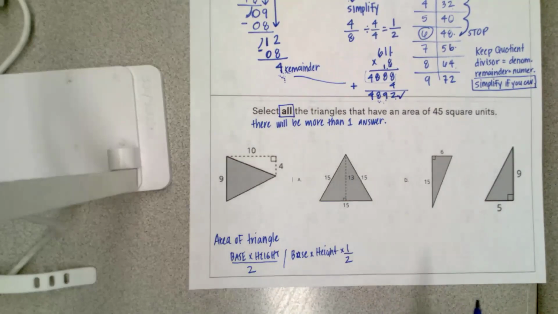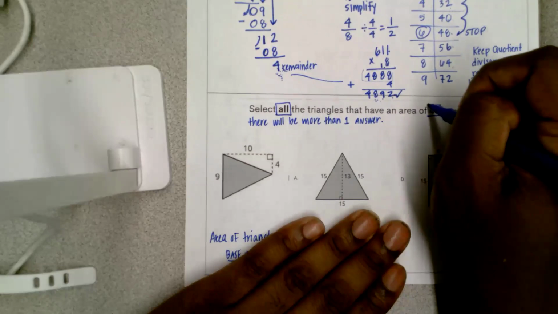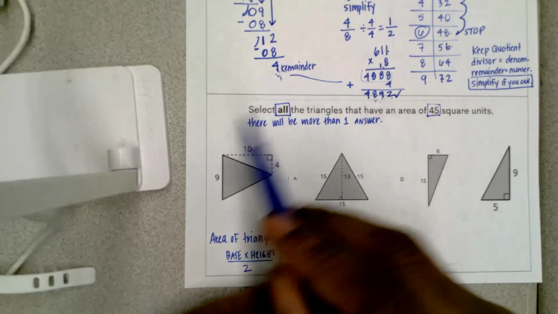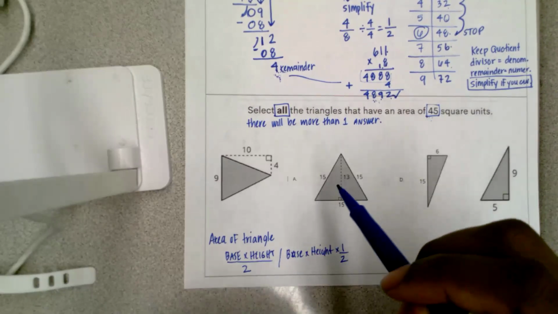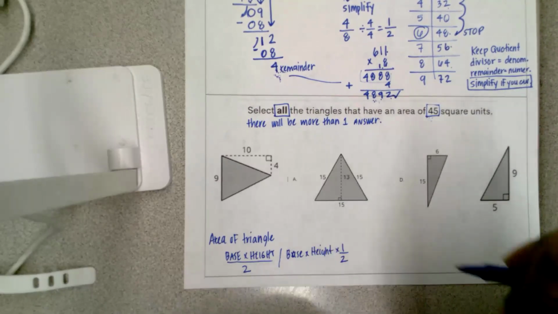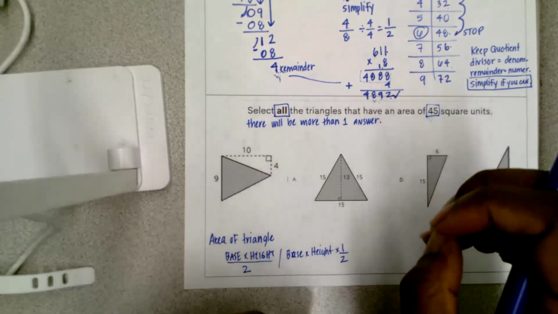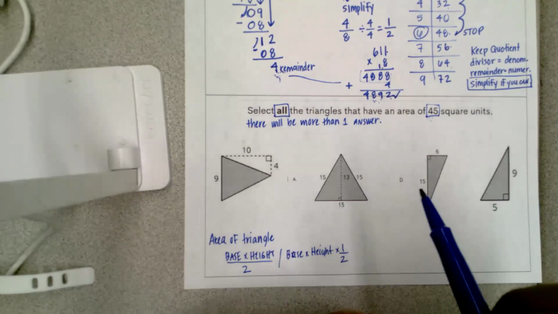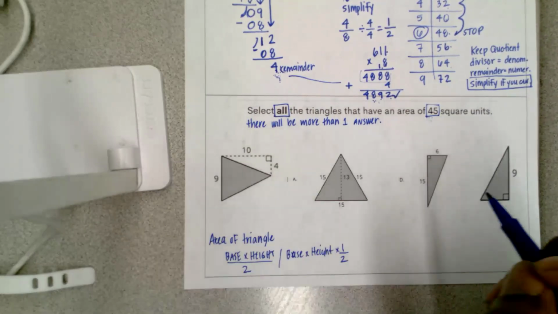So we have to find an area of 45. Whenever we find the areas, if we get 45, we know our answer. Also, we're going to explore what answers tricked us, right? Because multiple choice or select all will have some problems that will trick you. And we're going to look at that as well.